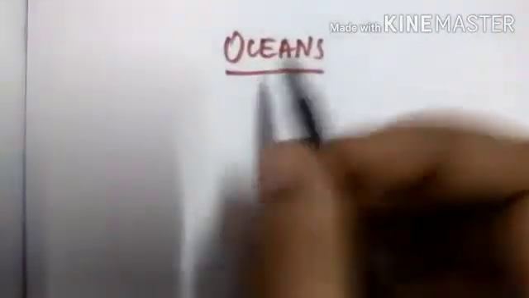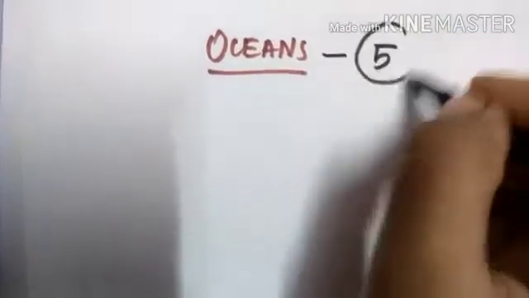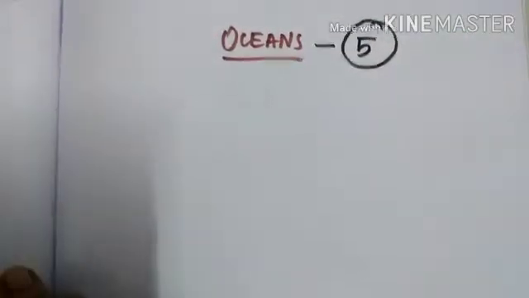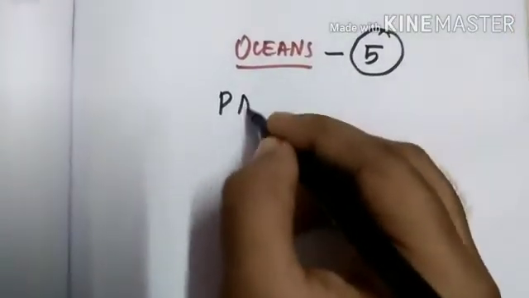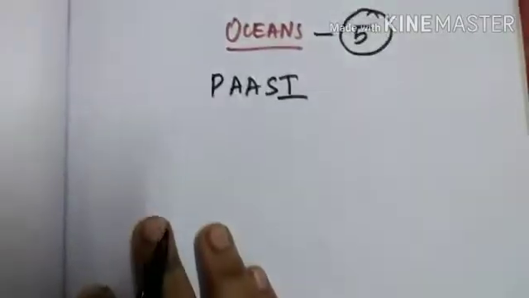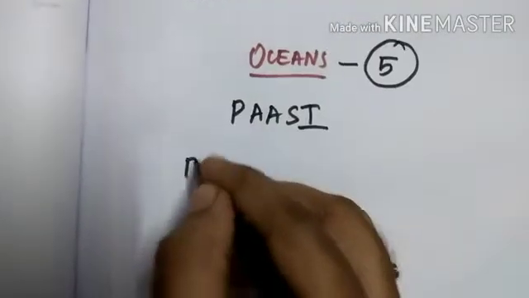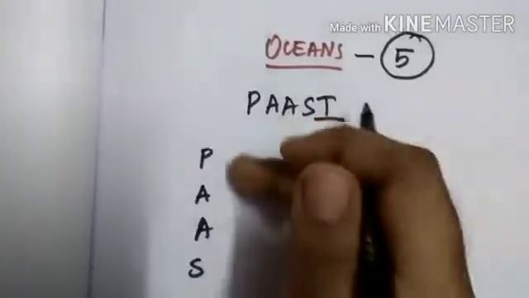I'm going to tell you about the oceans. There are 5 oceans. And the trick for remembering these 5 oceans is PAASI.